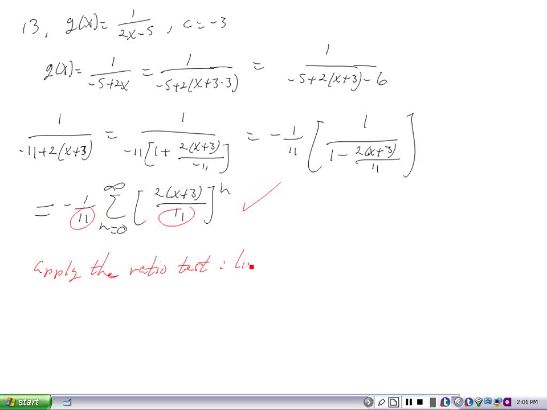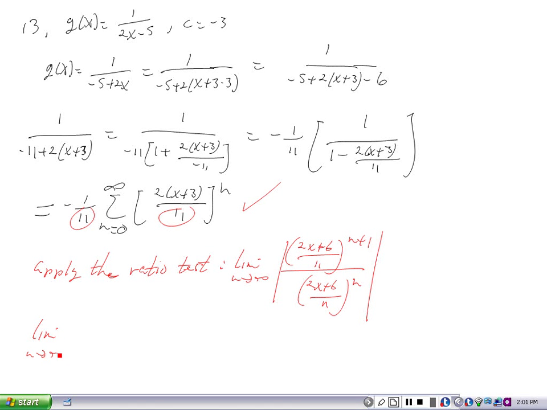So here we have the limit as n goes to infinity of the absolute value of 2x, simplifying that, plus 6 over 11 to the n plus 1 divided by 2x plus 6 over 11 to the nth power, and we get the limit as n goes to infinity of the absolute value of this 2x plus 6 all over 11.